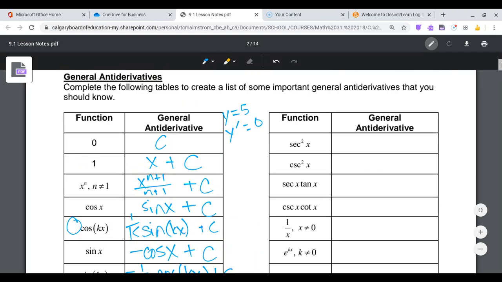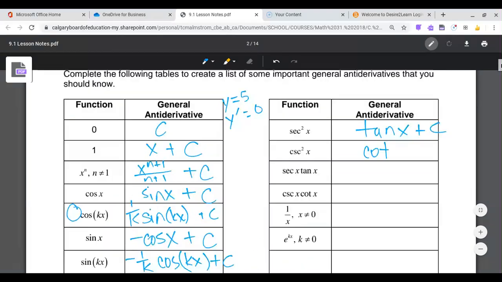And then think who has the derivative of secant squared? Tan had the derivative. Who has the derivative of cosecant squared? Well, cotan has the derivative. Oh, I forgot my plus c. Oh dear. Make sure I had it on the other ones. Okay. Cotan has the derivative of negative cosecant squared. So we would need to have negative cotan x plus c.